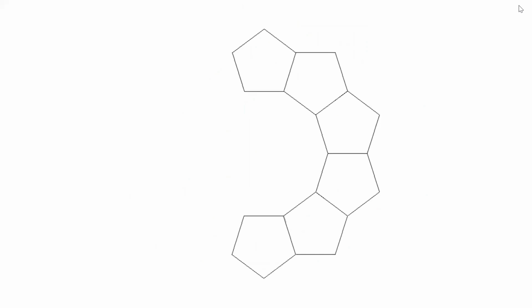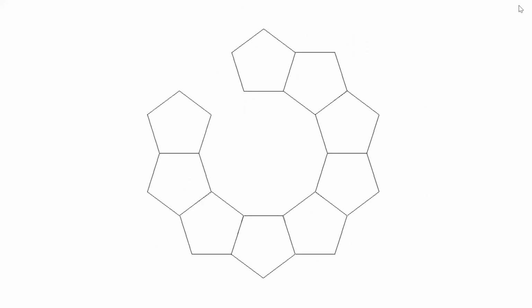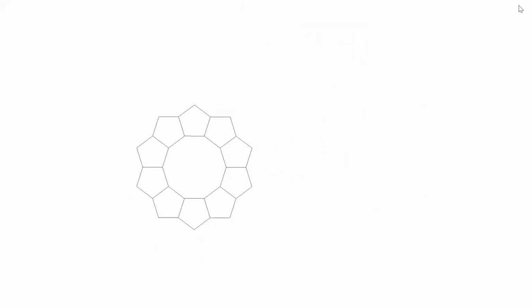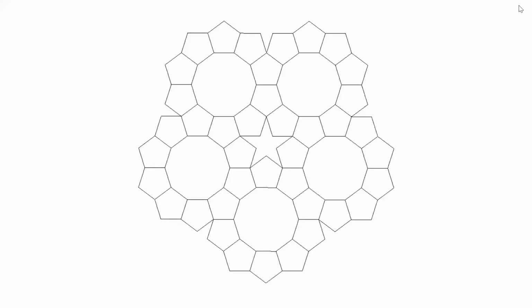Another way you can pack pentagons is like this. You can actually pack 10 pentagons together in a circle. Naturally, they form this. And then in the middle, we've actually got a decagon, in other words, a 10-sided shape. And if we reduce this, and we put 5 of these almost circular structures interlocking together, we make, again, a pentagon.